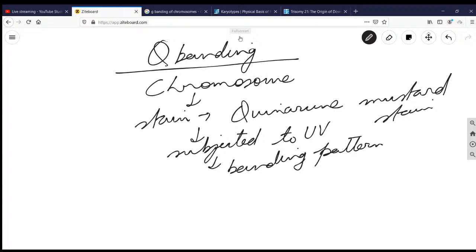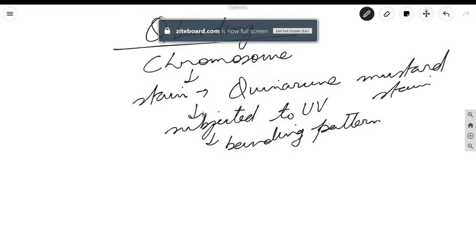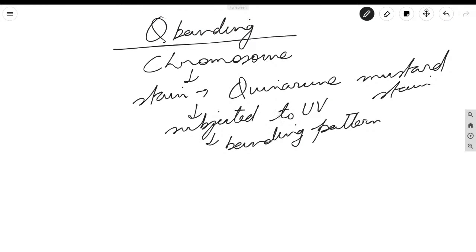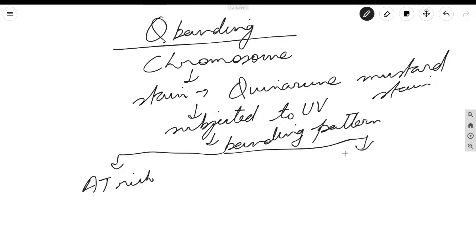Mostly, the quinacrine will denature the DNA and UV light will denature it more, and the staining will be done more in the AT rich area. This is the AT rich region, and this is the GC rich region, you can see.